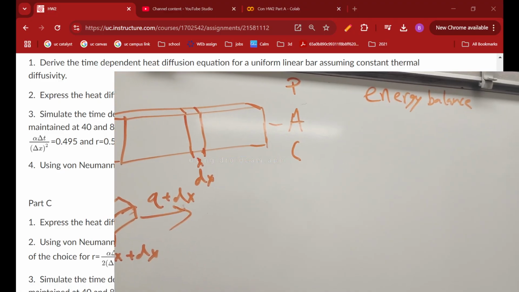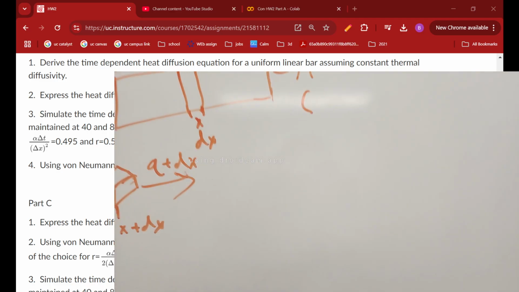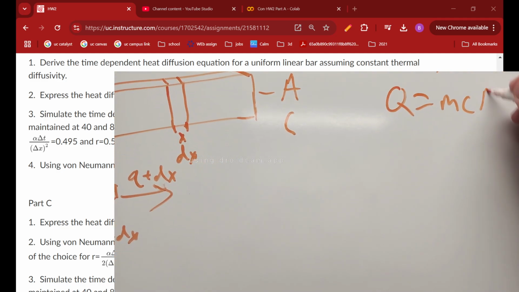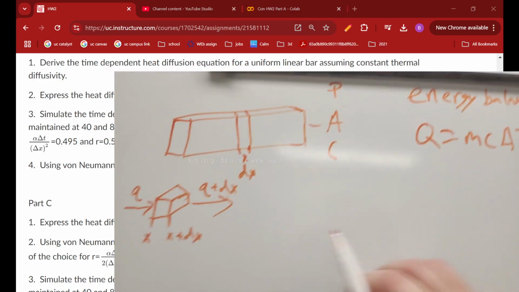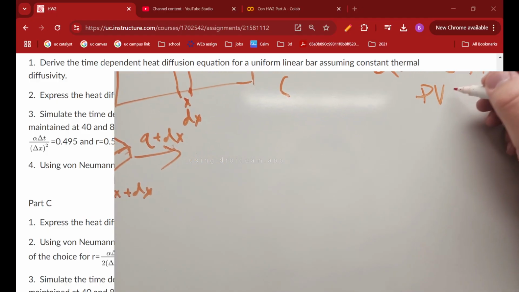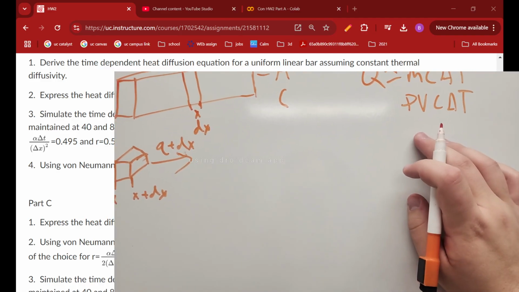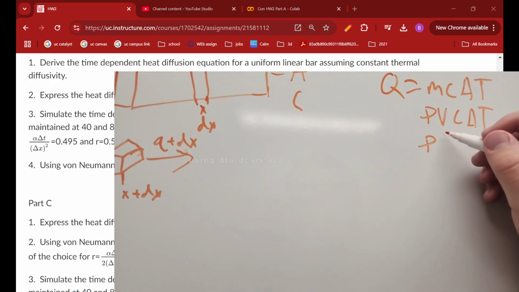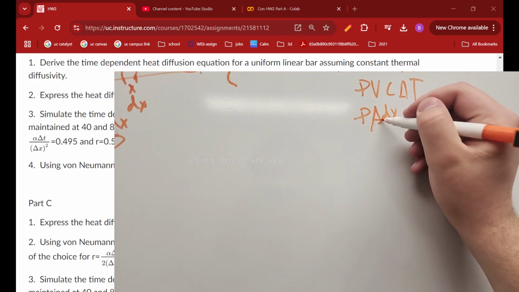In 1 second. So with our energy balance, we know that this is true. If we look at what we have here versus here, mass can be changed into density times volume. And then, because we don't have a volume based off of what we've shown here, we can change the volume to area times dx.